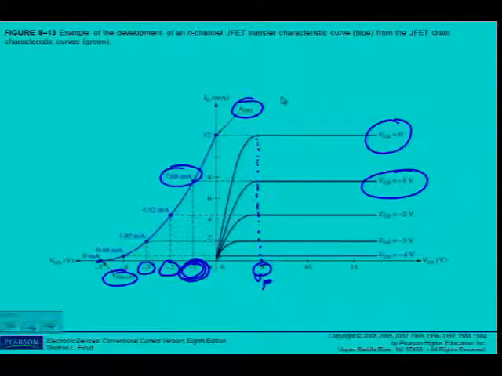Because we will see later on, it depends on what kind of problem you have to solve. I will sometimes give you the transfer characteristic curve. But sometimes I ask you to draw the transfer characteristic curve and use the curve that you have drawn to also show me the graphical analysis to determine the Q point and so forth.